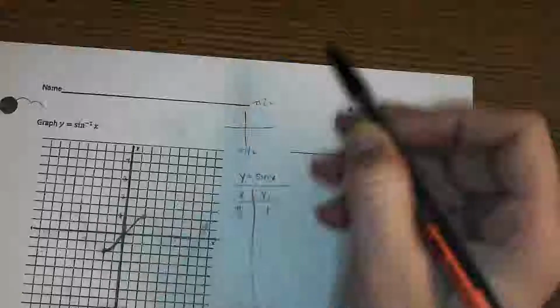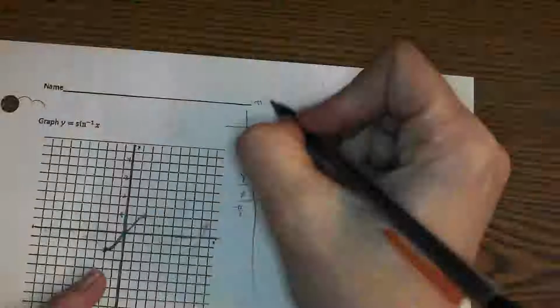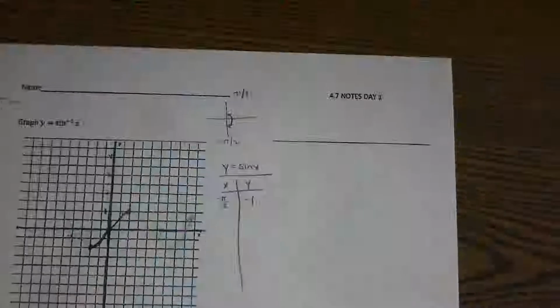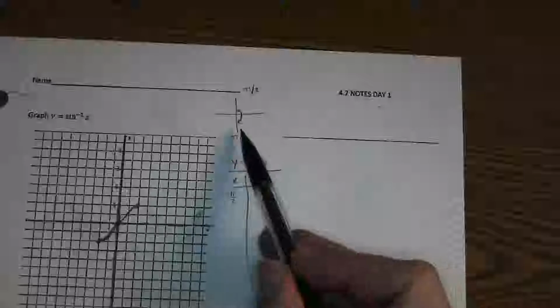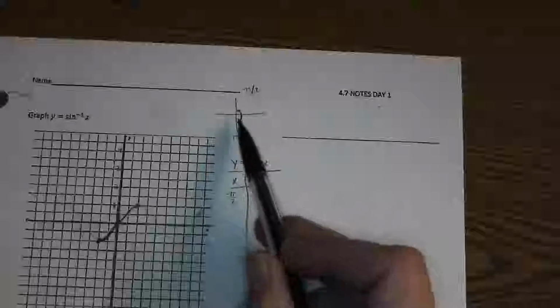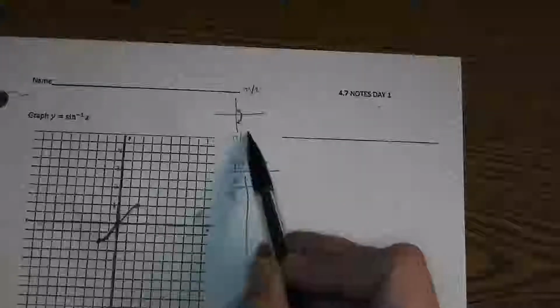We're only looking at quadrants 1 and 4. So what's the next critical angle, if we're going from small to big? What's the reference of the next critical angle? Pi over... oh boy.